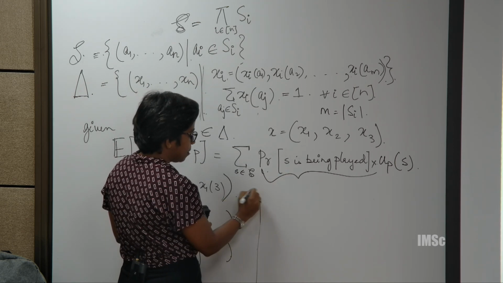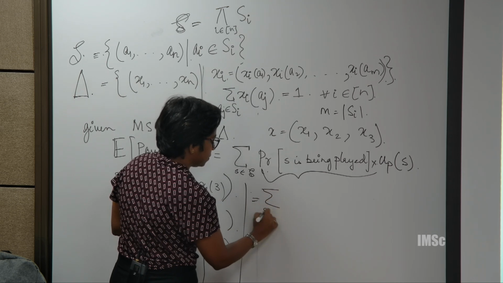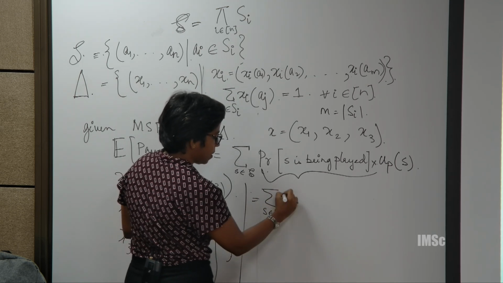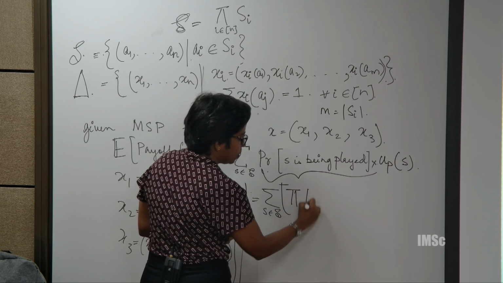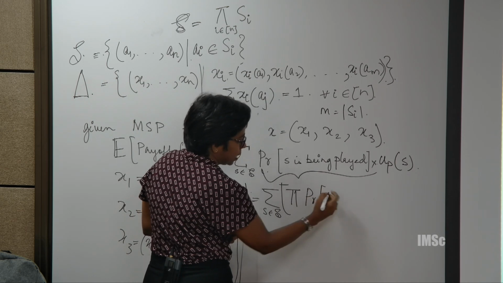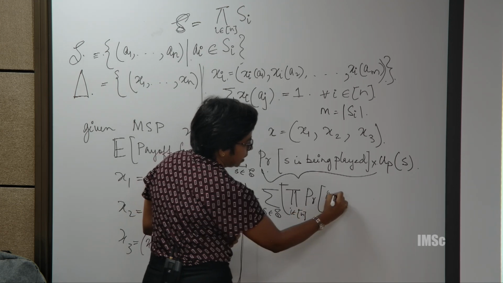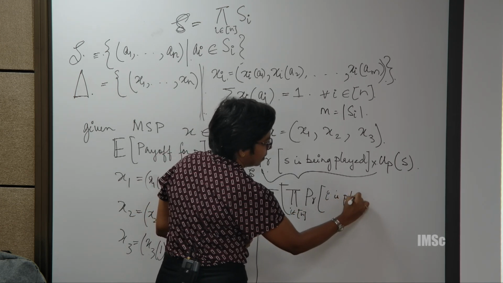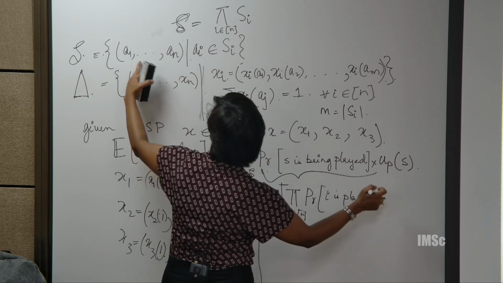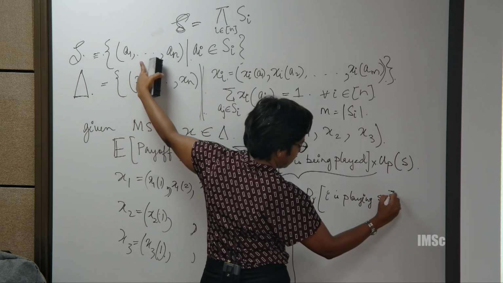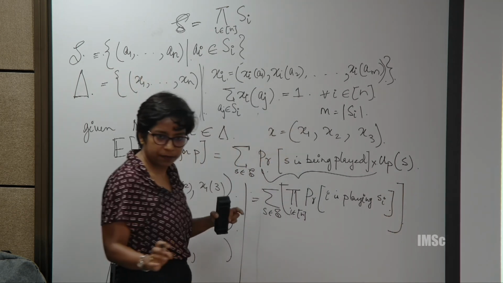So, this basically becomes this expression, the product of the probability that player i is playing small si, or rather over here as I have said ai, action ai. Okay?